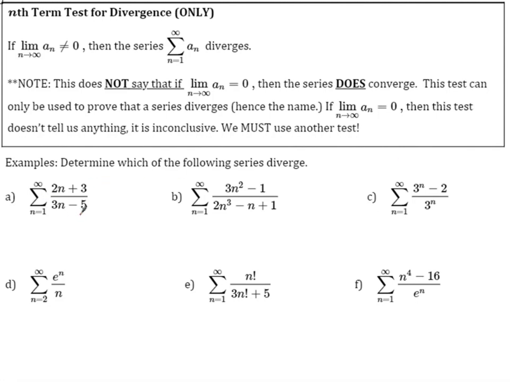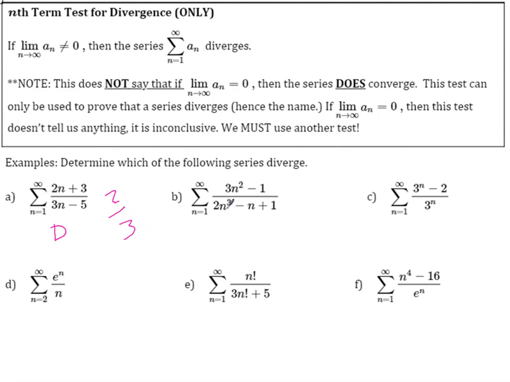So the first one, when I take the limit, these are growing at the same rate. So I'm going to get 2/3. 2/3 is not equal to 0, so it diverges. It's that simple.